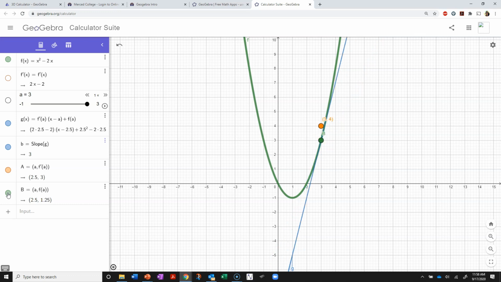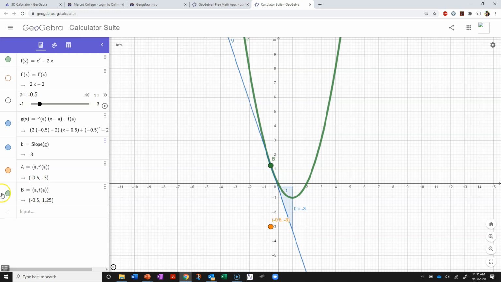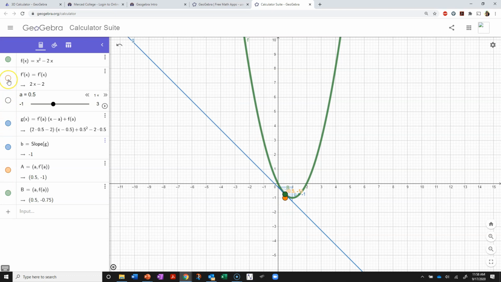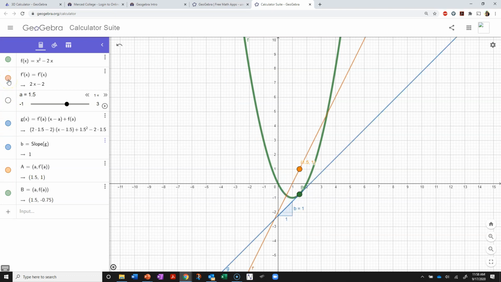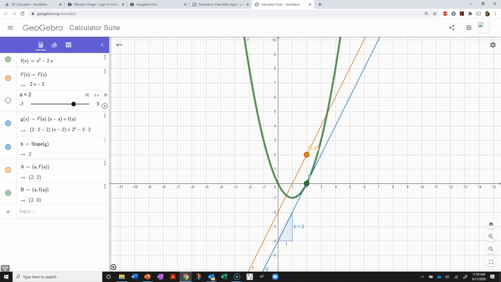And the y value of that orange point comes from the actual slope of the tangent line, what we're calling the value of the derivative. And as I watch that yellow point, I can see that it's starting to map out the actual derivative function.